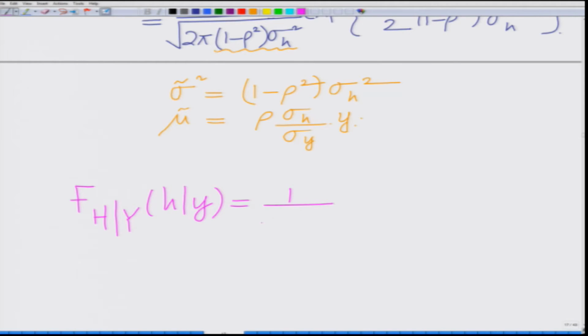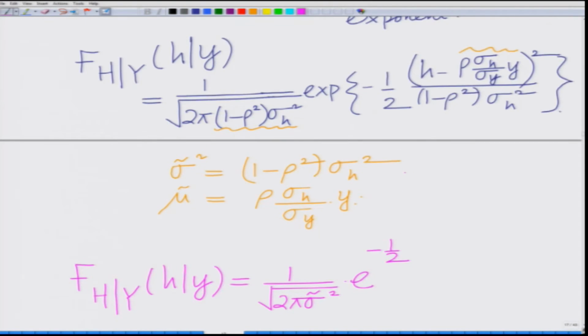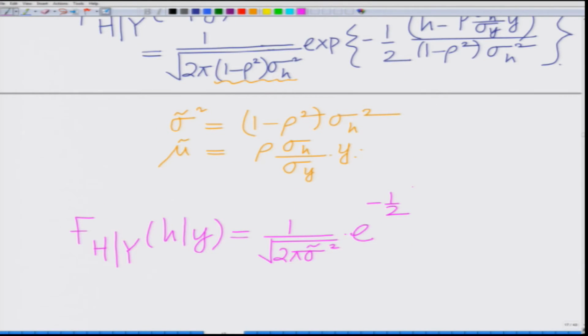It is 1 over square root of 2 pi sigma tilde squared, e raised to minus half, (h minus mu tilde) whole square divided by sigma tilde squared.